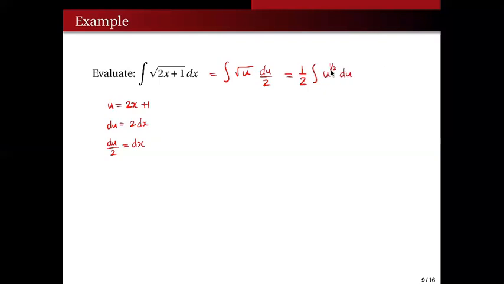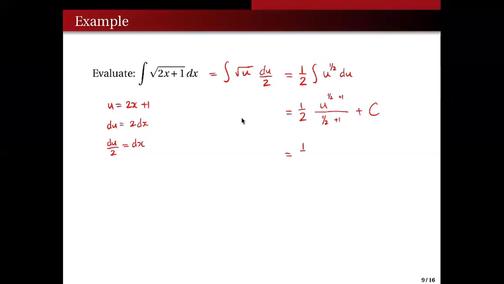So in exponent form, we can use the corresponding power rule, quote unquote. For this, we just have 1/2 and then u raised to 1/2 plus 1 divided by 1/2 plus 1, plus the arbitrary constant c. 1/2 plus 1 is just 3/2. And then we bring 2x plus 1 back.